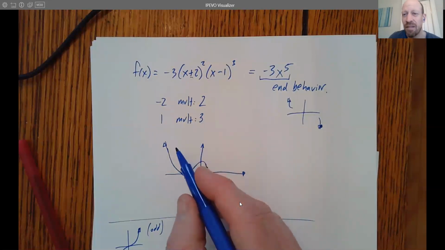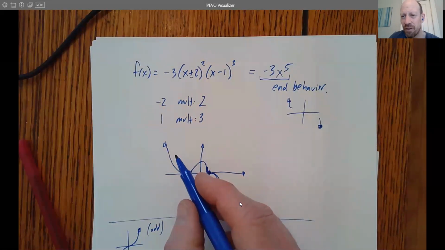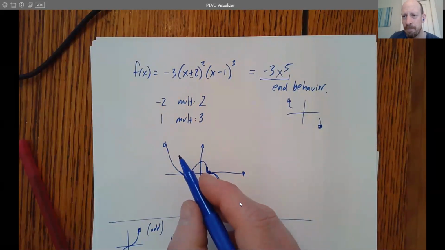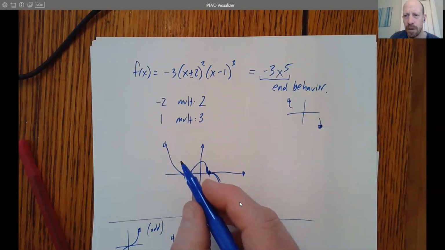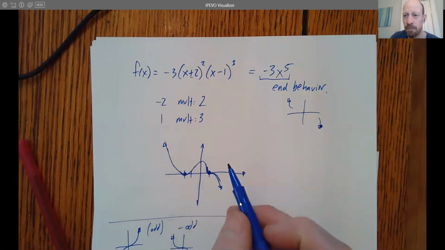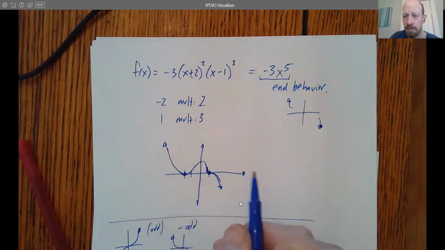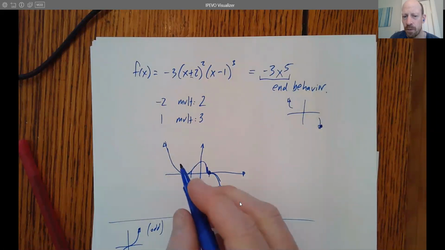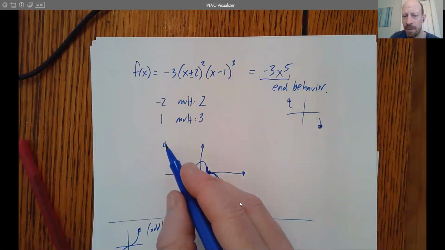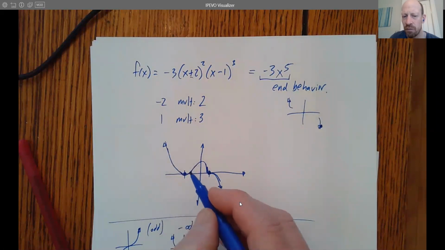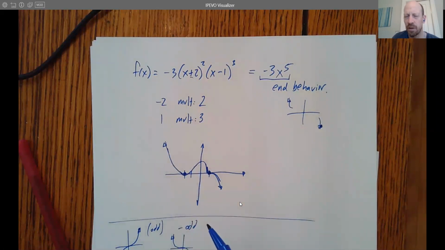I need to combine that information with the end behavior, because it could be either one. But this one I know I came from the top over here, so it has to come back up in that case. Okay.